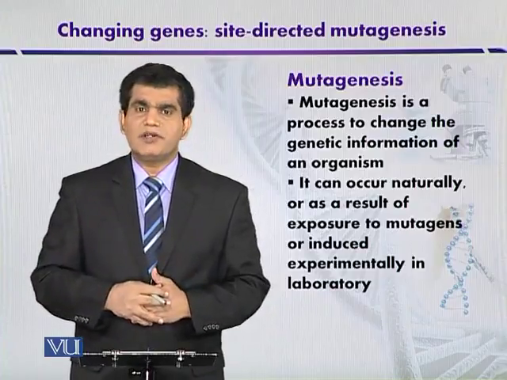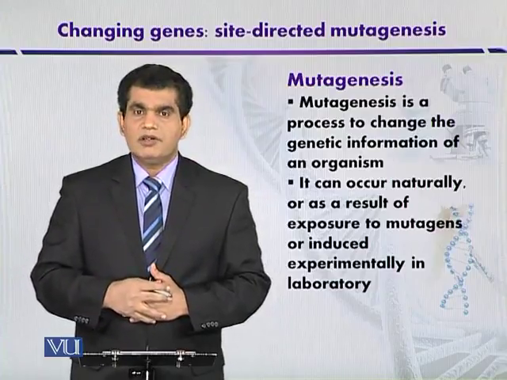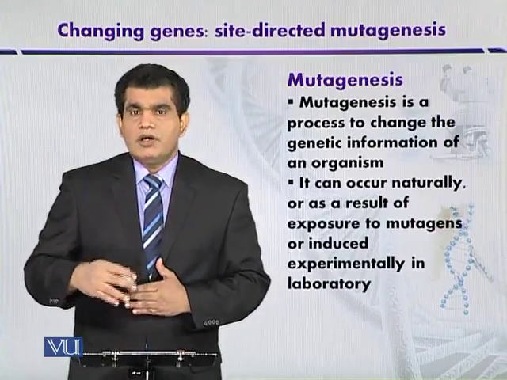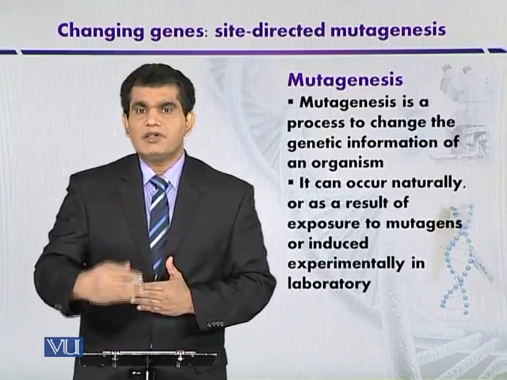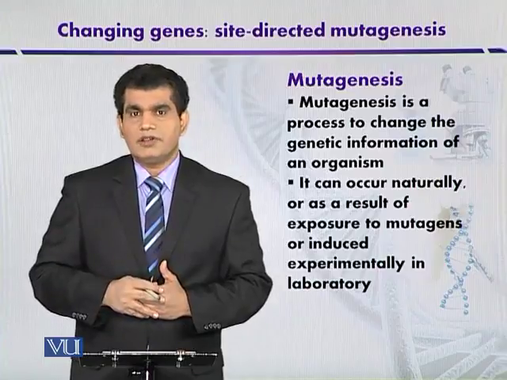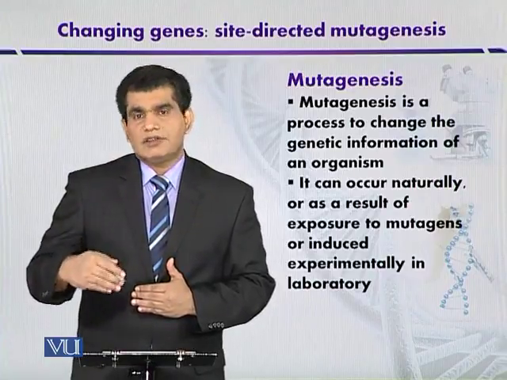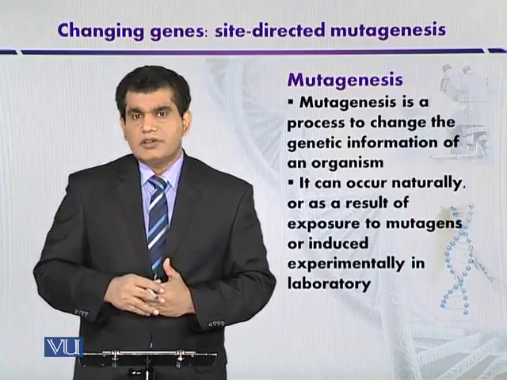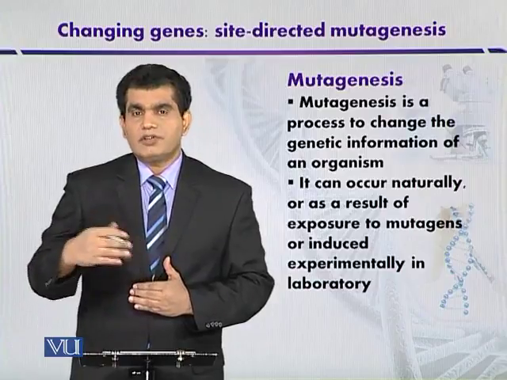Now what may be the different mechanisms by which mutations can be induced? Mutations can be induced endogenously or can be triggered by different environmental interference or exposure. As far as the endogenous causes are concerned, they may be hydrolysis of the bonds of bases.